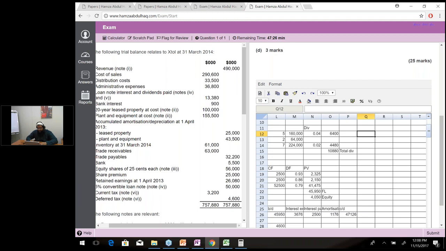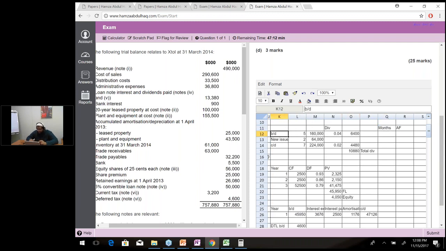The opening value was 160, so now I have to multiply this by the number of months, and apply the adjustment factor. I'm writing the date along with the brought down.